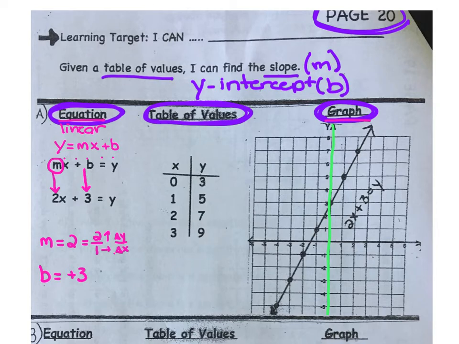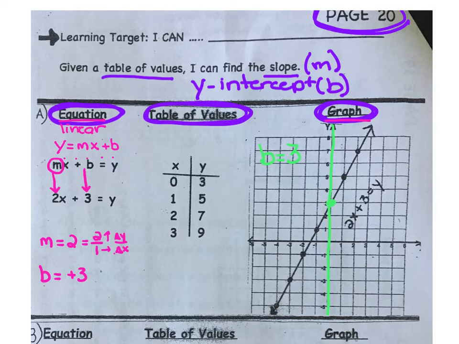Please take down the following notes. Let's start with our b value, or our y-intercept. Right here at positive 3, our line that has been graphed is anchored or intersects the y-axis at positive 3.